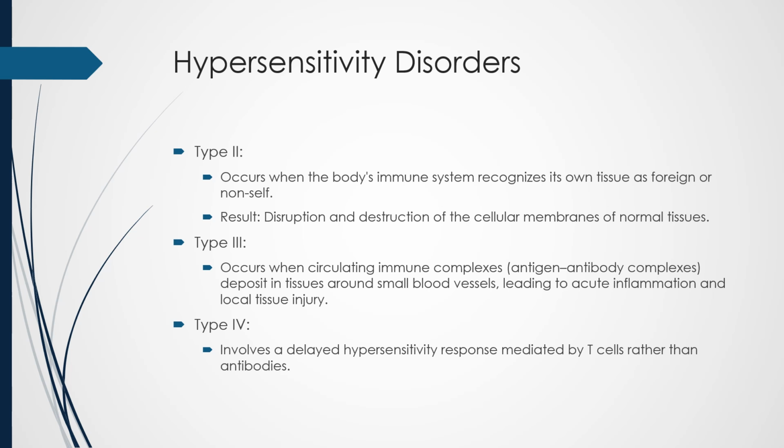Common affected areas include the skin with urticaria, joints, which lead to synovitis, kidneys, which lead to nephritis, pleura, which leads to pleuritis, and pericardium, which leads to pericarditis. Classic example includes systemic lupus erythematosus, which is a type of vasculitis that affects various organ systems.